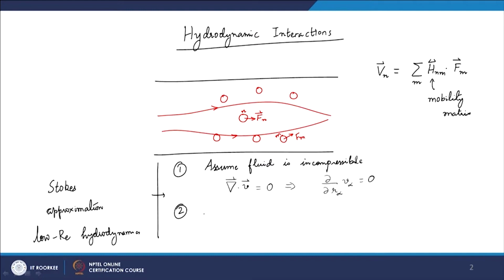The second assumption is we assume that the inertial forces are small. That is anyway true for low Reynolds number. It turns out that we have a factor of Re coming in front of the prefactor of one of the equations, and we can drop that term if the Reynolds number is small, and that term is our inertial term.